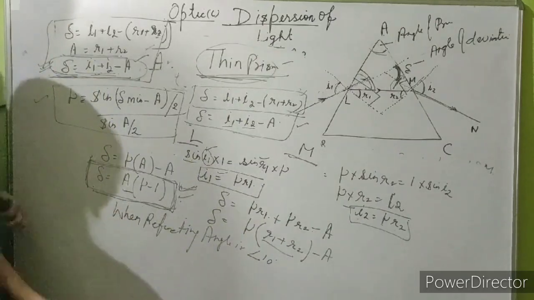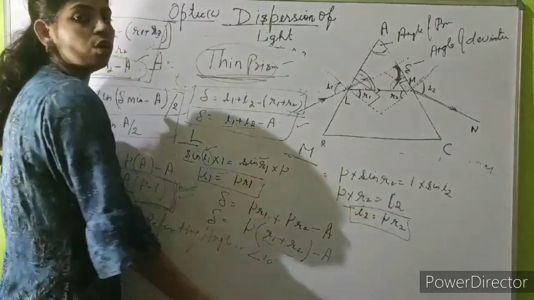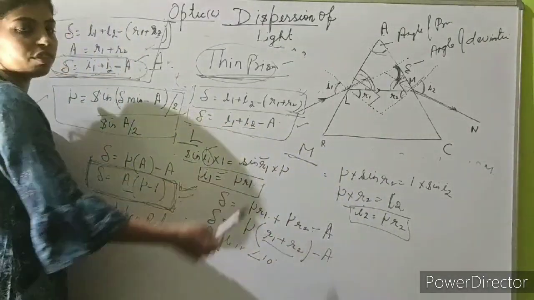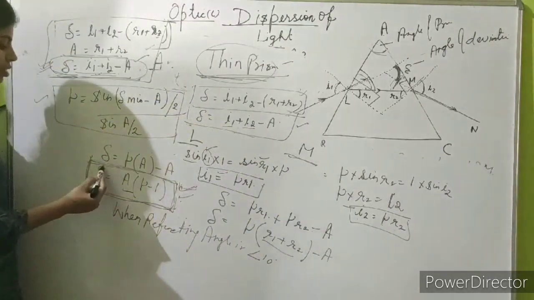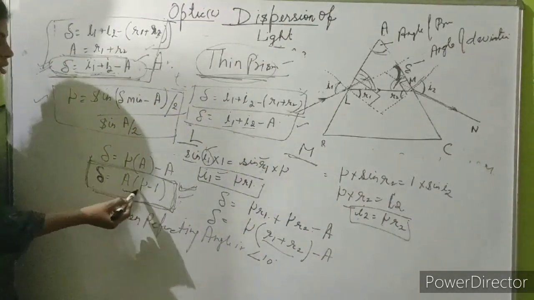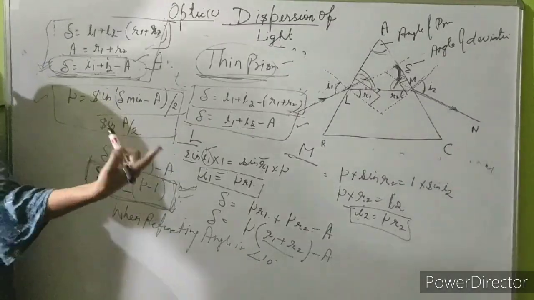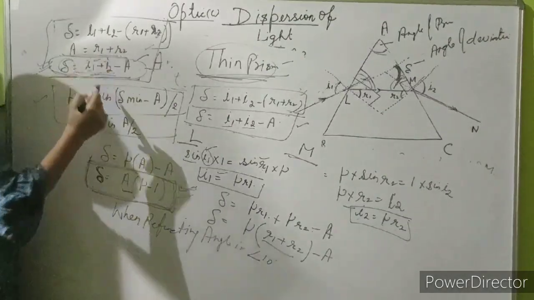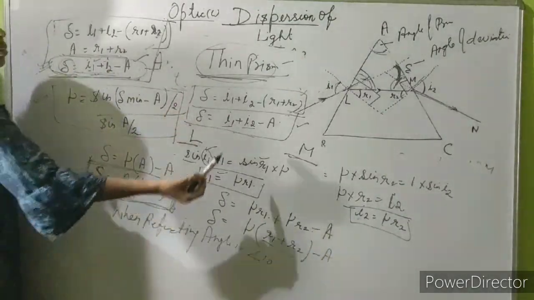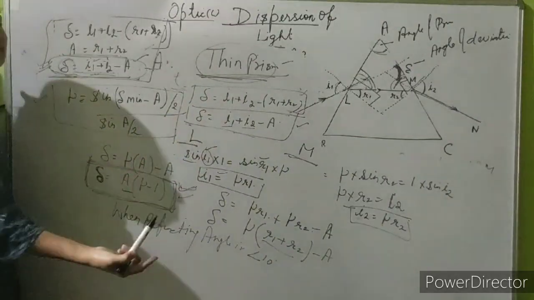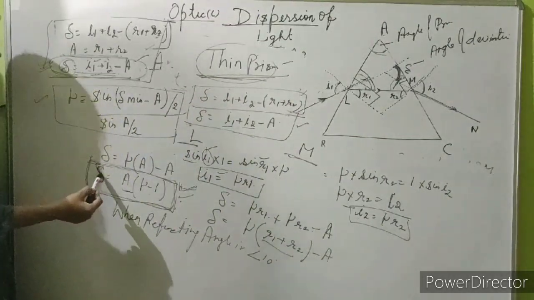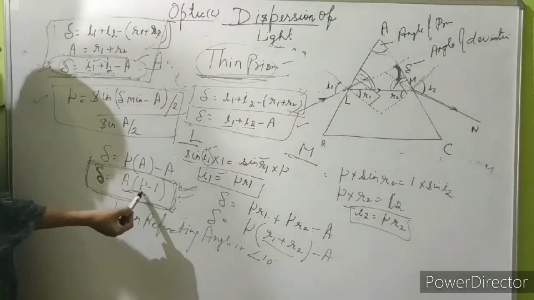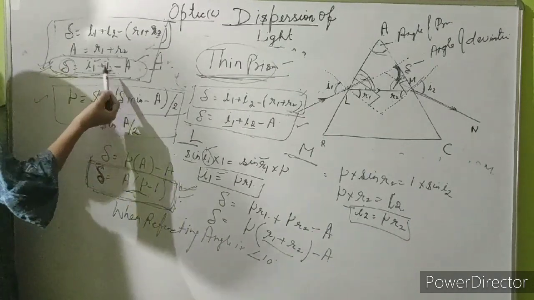As I have told you, I have taken the angles of incidence I1 and R1 as small angles. In that case you can see the angle of deviation does not depend upon the angle of incidence. Here, delta depends upon the angle of incidence. But in the thin prism, I have taken the angle of incidence as a small angle, so delta is also independent of the angle of incidence. This term does not contain the angle of incidence.